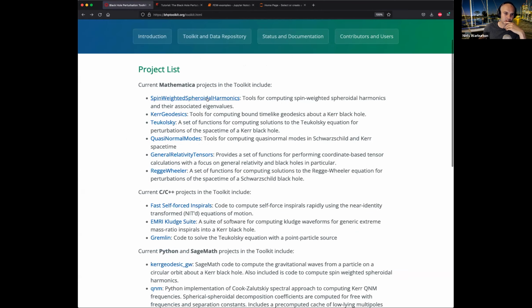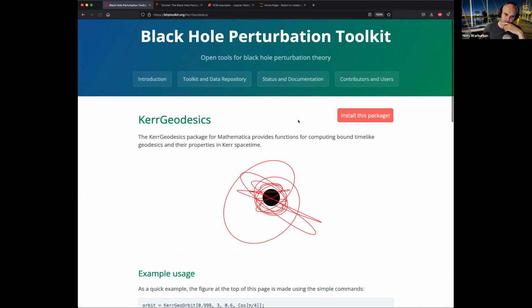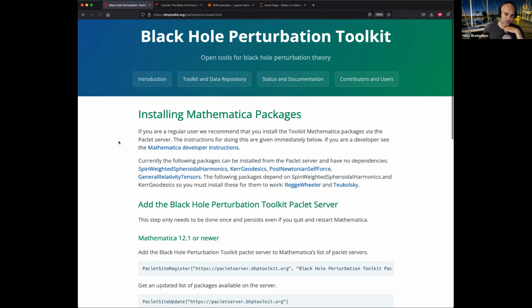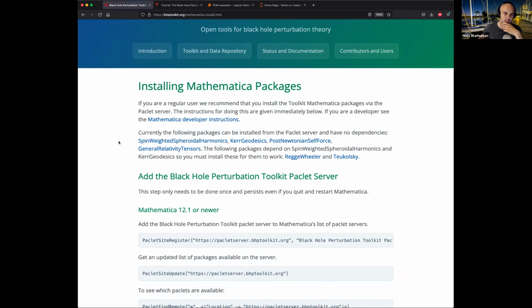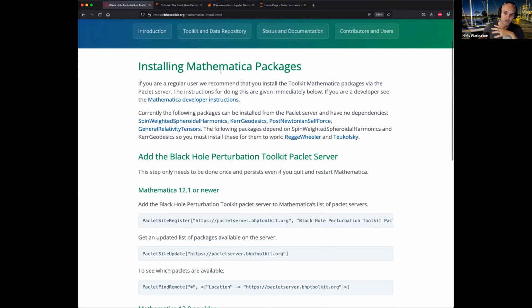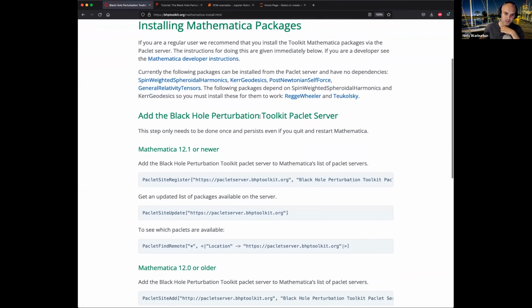But for Mathematica, it's actually very straightforward. If you pick any of the Mathematica packages, all of this software is packaged up in these things called Packlets. So when you click install this package, you're taken to this page that tells you the general way you would install any of the Mathematica packages from the toolkit. That's by adding our Packlet server to your Packlet site register. Note there's a slightly different way of doing this in Mathematica 12.1, one of the latest releases, or earlier.